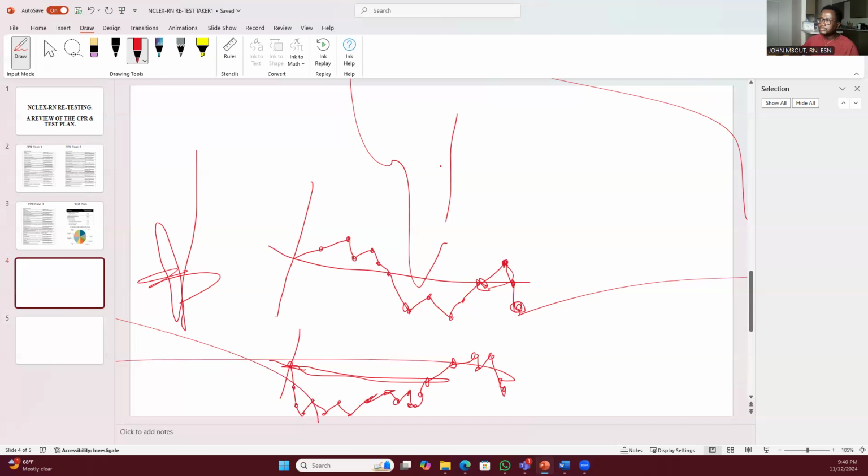You are here, you go up, down, up, down, up, down, up, up, down, up, down, up. Your last question is here. If your last question is at the passing level, if it stops there, you pass.